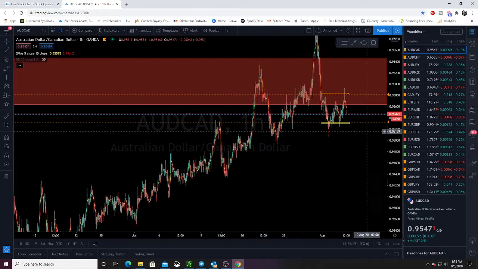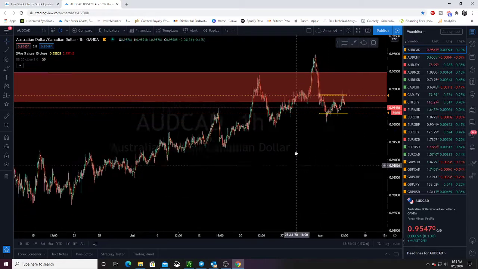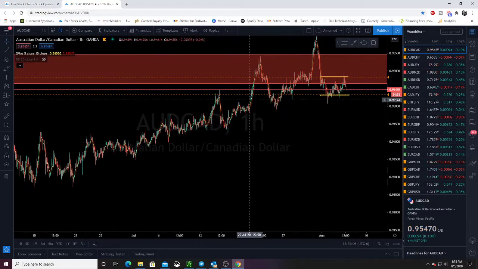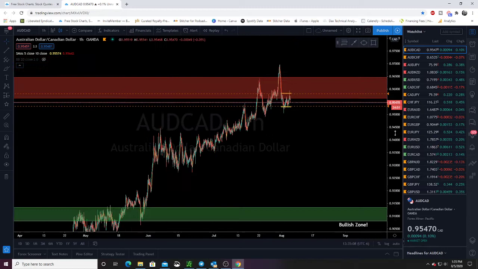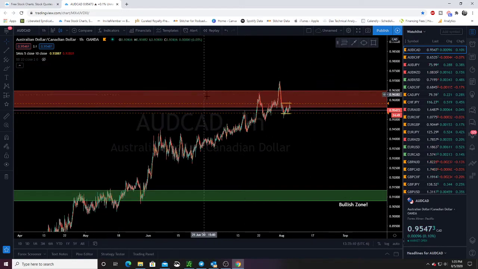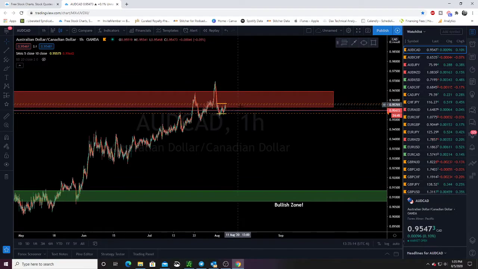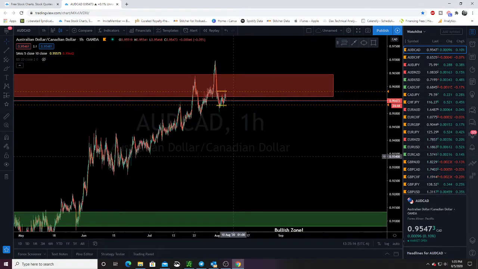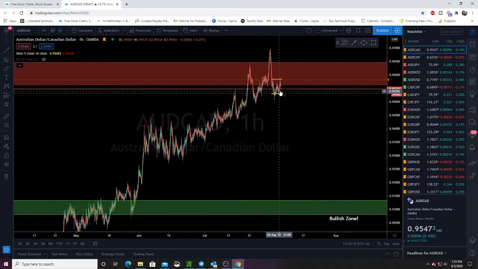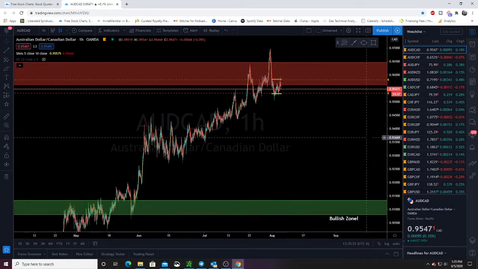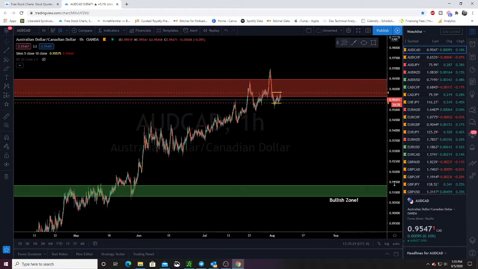All right. So what we have here is price came all the way up into our resistance zone that we have plotted on our daily chart. And now you can see we're in a consolidation phase. I'm going to be playing short-term trades off of these two inflection points where I have my alerts.